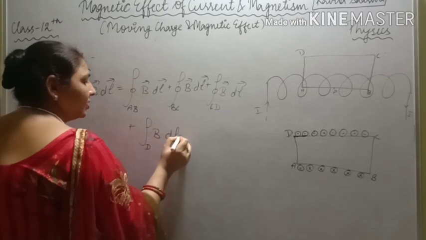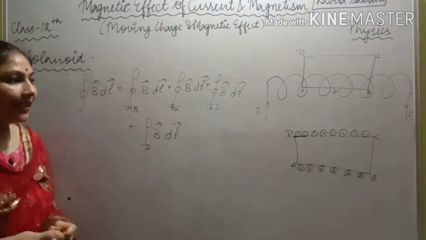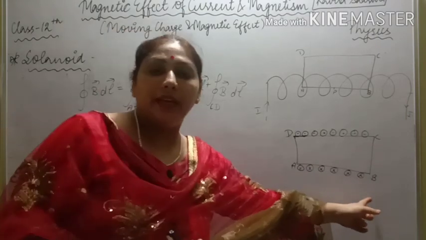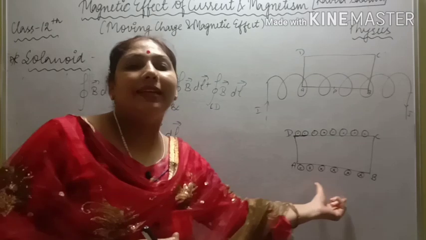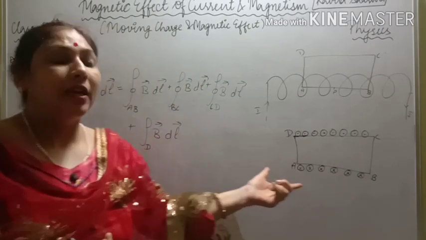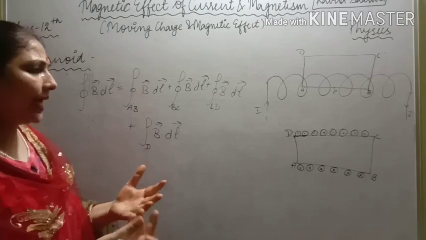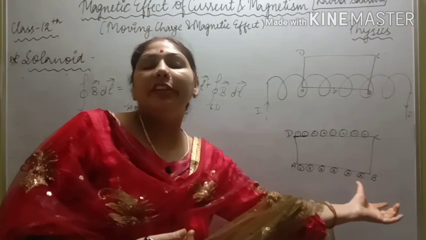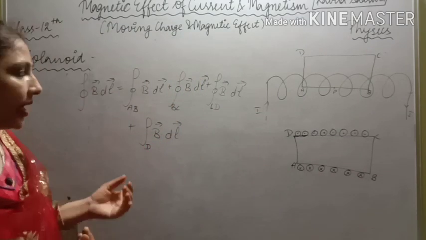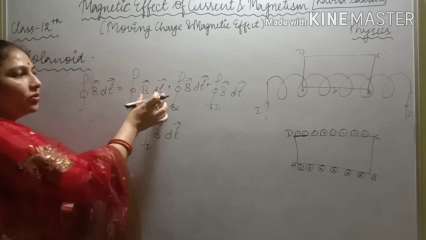Now we can see that along the side AB, we have the same direction of B and the current element dl. So along this side AB, we have the same direction of B and dl, so here we have the value of theta equal to 0.